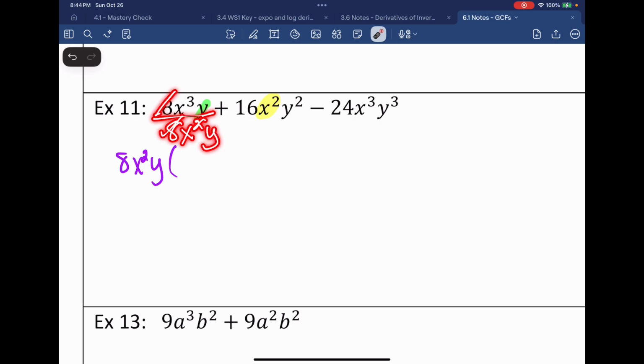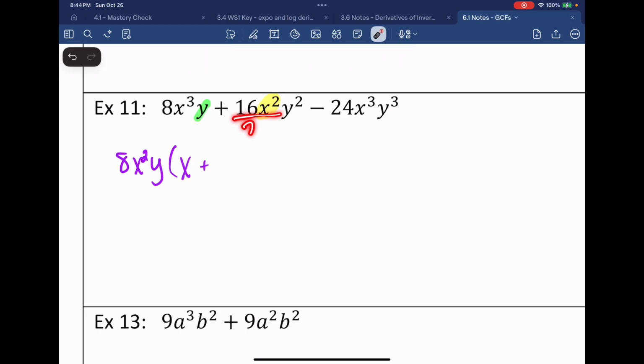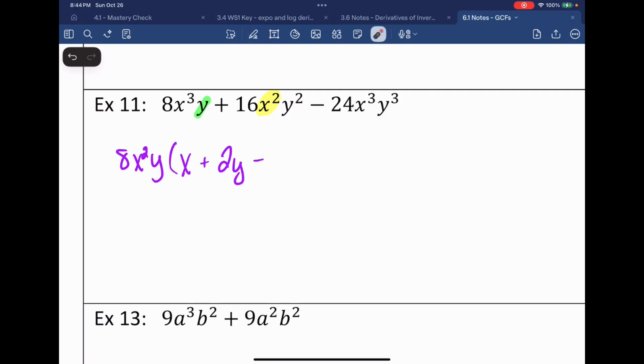And then subtract, and then y cancels y, so I just have x. So 8 goes into 16 twice. X squared cancels x squared. That's y to the 1, so I have 2y. Eight goes into 24 3 times. Subtract. So that's 3x y squared.